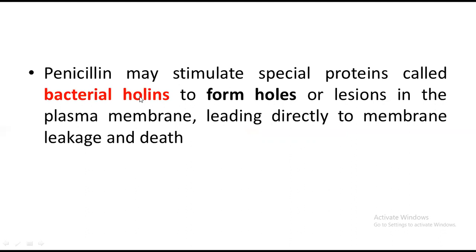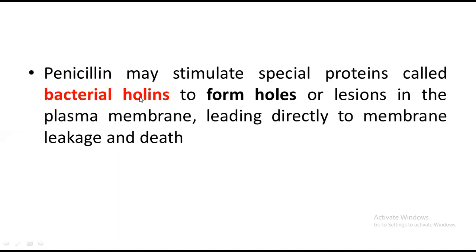At the time of their function, the bacteria activates them, and it is also a type of autolytic enzyme. After that it creates holes in the plasma membrane, and the cell is killed. So penicillin stimulates and activates the bacterial holins, holes are produced in the plasma membrane, and the cell is killed.